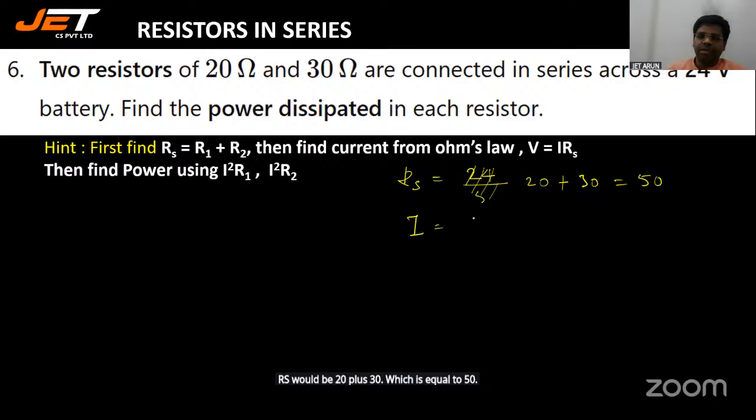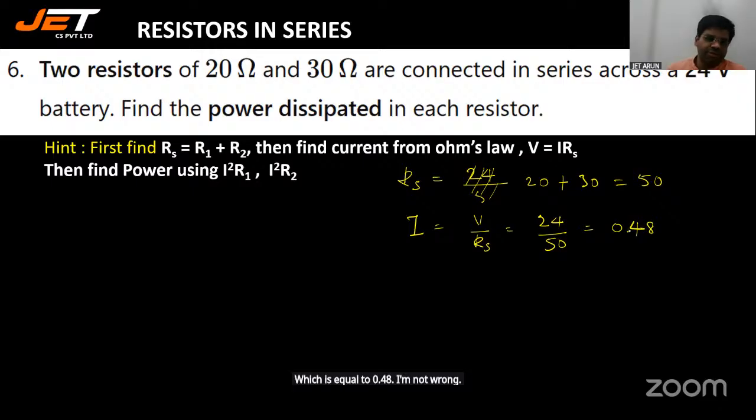I would be V by RS, 24 by 50, which is equal to 0.48, if I'm not wrong.